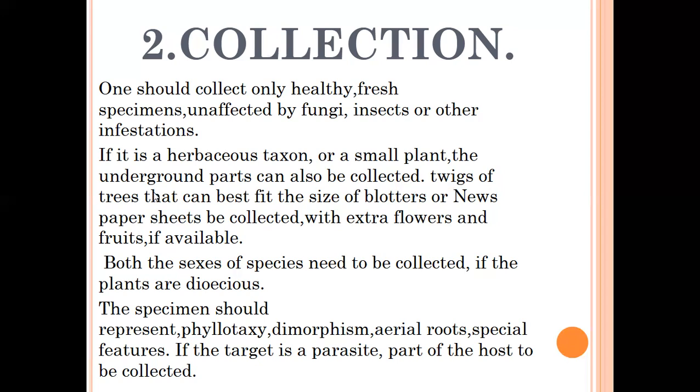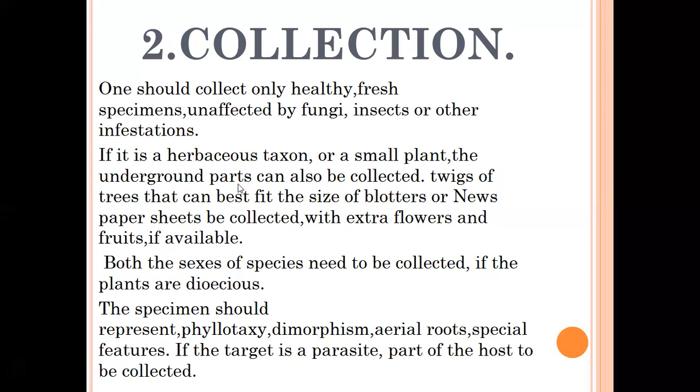Twigs of trees that can best fit the size of blotters, newspaper sheets to be collected with extra flowers and fruits if available. During the collection time, herbaceous plants called taxon, or small plants, we collect as herbarium, including underground parts.